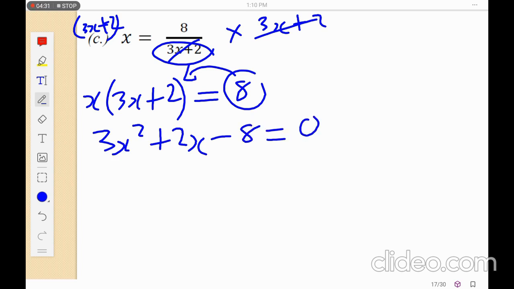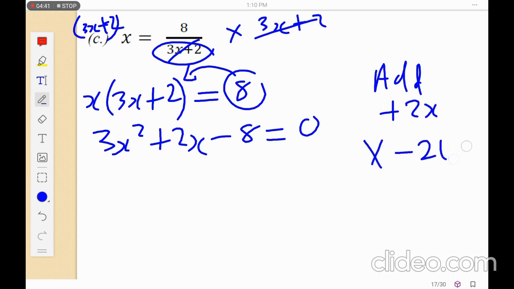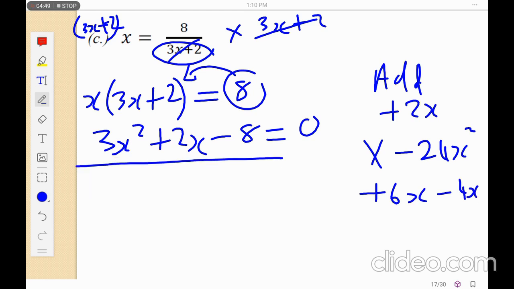So I want to find a number. When I add, I get plus 2x. When I multiply, I get minus 24x squared. I have plus 6x minus 4x. Okay, so I can rewrite this whole equation using this.